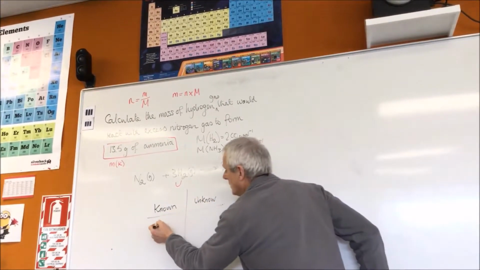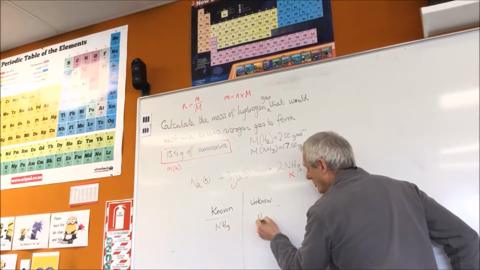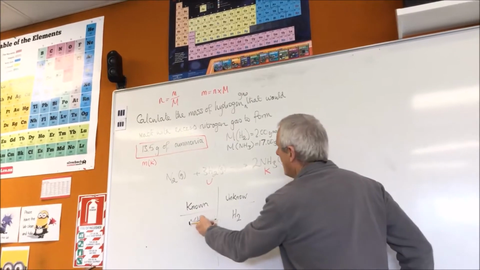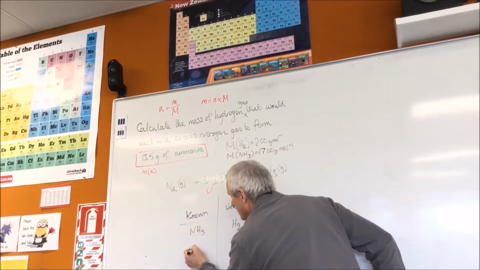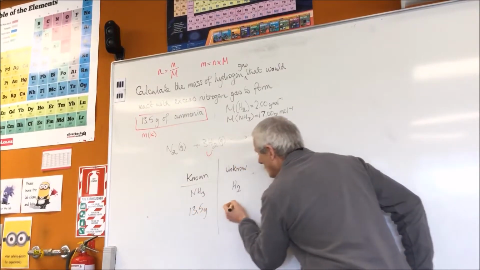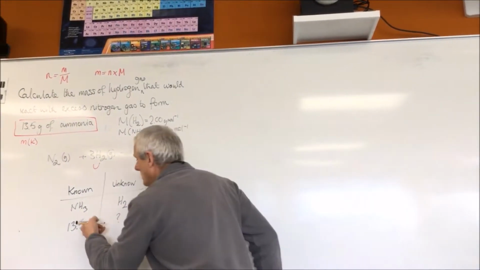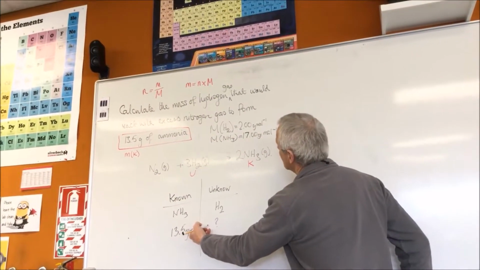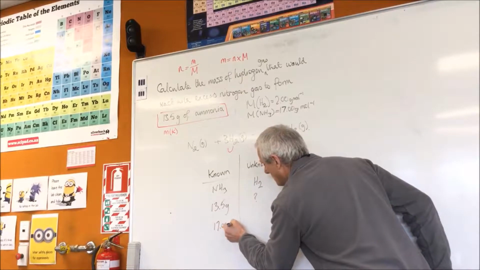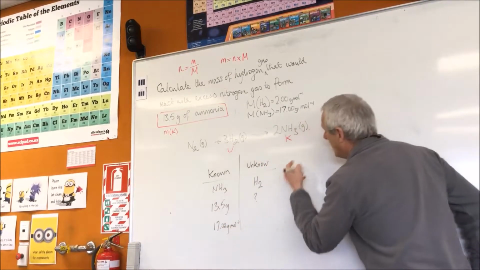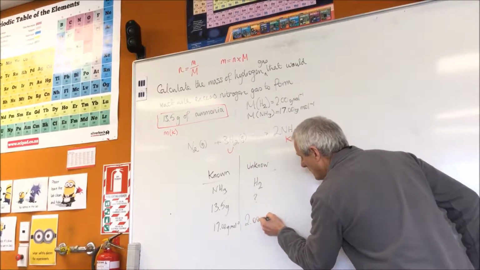So the known is NH3, and the unknown is H2. The mass of the known is 13.5 grams. We don't know what the mass of hydrogen is, that's the whole point of the exercise, but we've got the molar mass of NH3, which is 17.0 grams per mole, and for hydrogen it's 2.00 grams per mole.